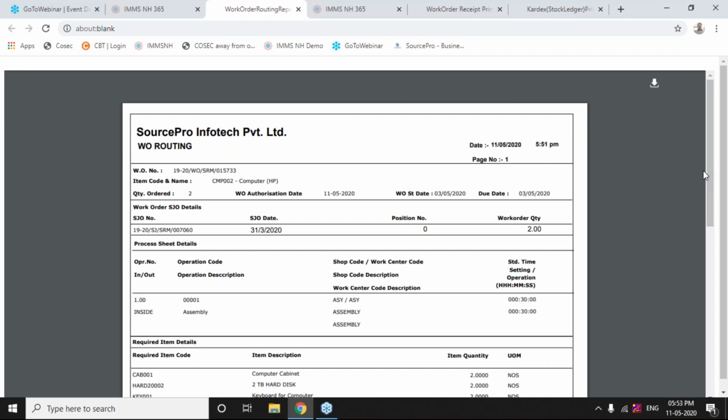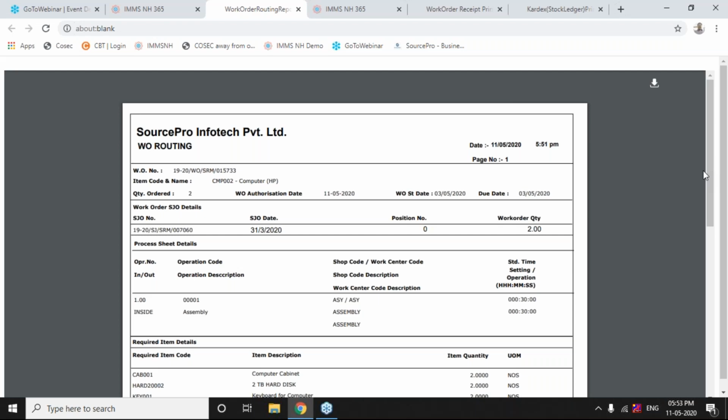So combination of all that. Yes, as I said, facility to define tools. You can define which tools are required, what are the detailed descriptions that you would like to perform, whether this product is to be produced in single quantity or in batch quantity, so that the setup time can be fixed accordingly.